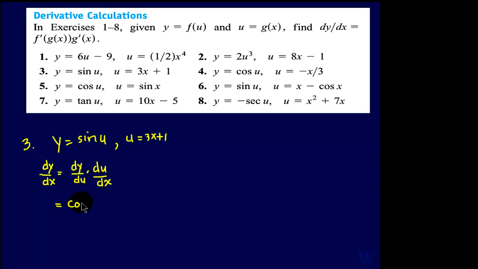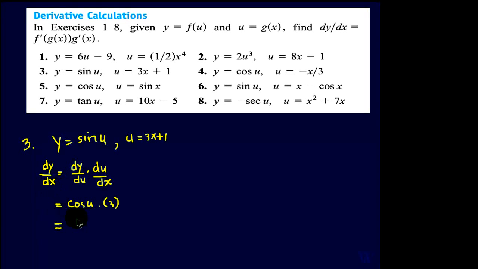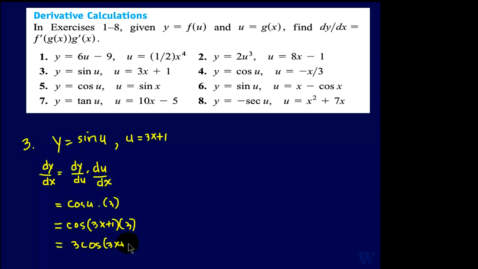It's the cosine of u times the derivative of u with respect to x. It's just 3. And since we are looking for a function of x, all I need to do is substitute what is the argument of cosine with respect to x. I'll just replace it by 3x plus 1 and times 3, or 3 cosine of 3x plus 1.